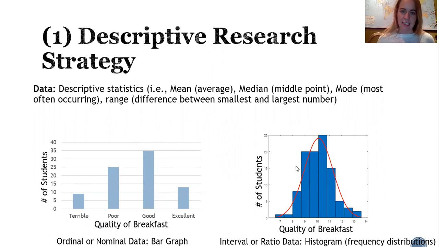If, however, our data involves more of a continuous measure, if you remember those scales of measurement, the interval or ratio scale, then we can report this data in a different way. So for example, if we looked at how many milligrams of sugar are in different people's cereals, this is an example of a ratio scale.